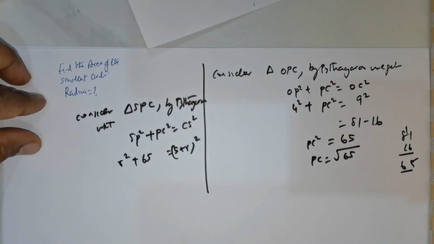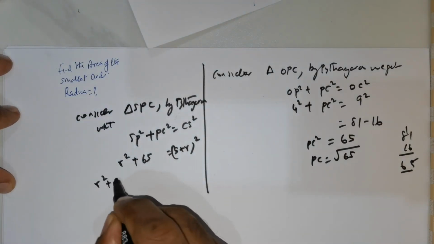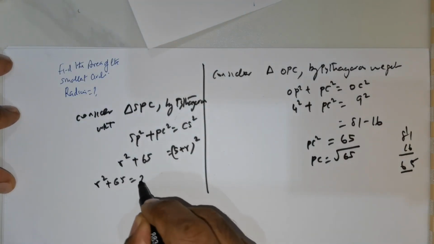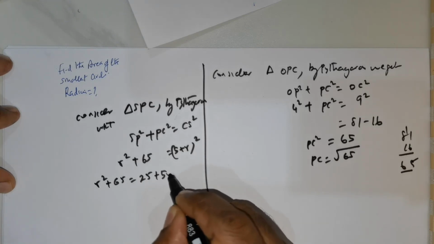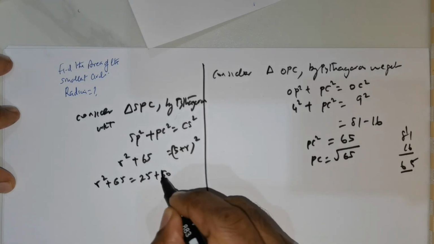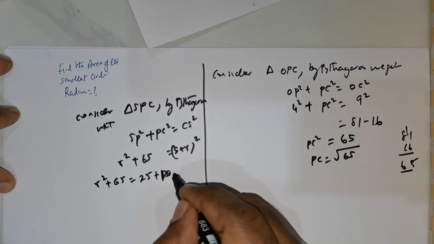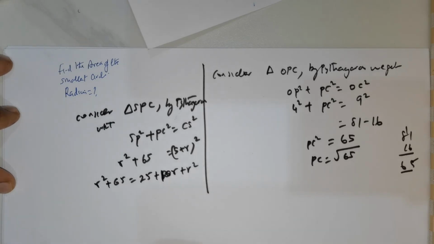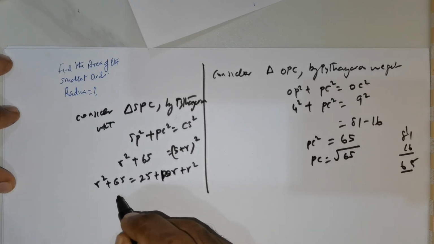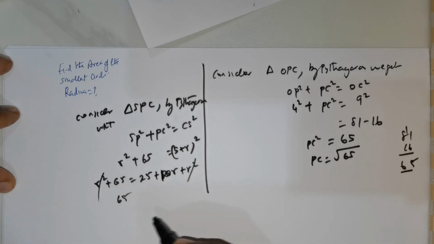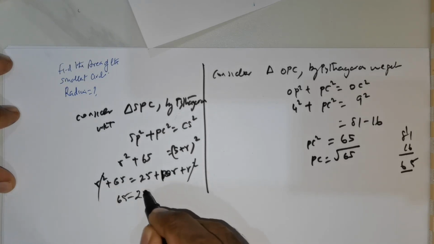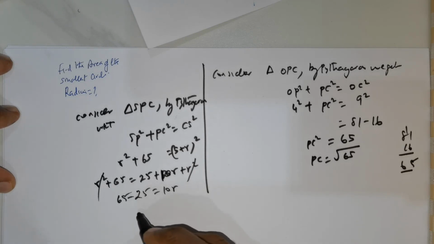So now we need to get the value of R. R squared plus 65 is equal to 25 plus 10R plus R squared. So R squared cancels, and 65 minus 25 is equal to 10R. This gives me 40 is equal to 10R.